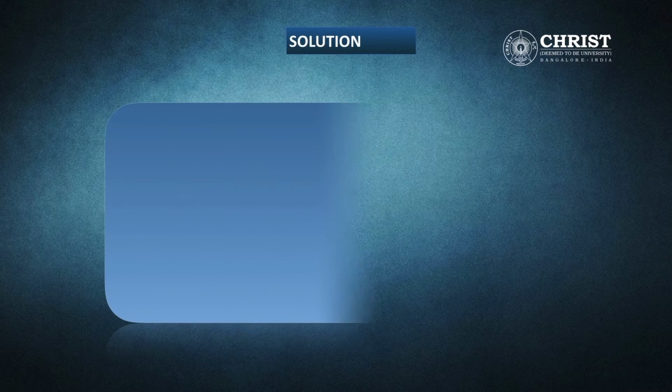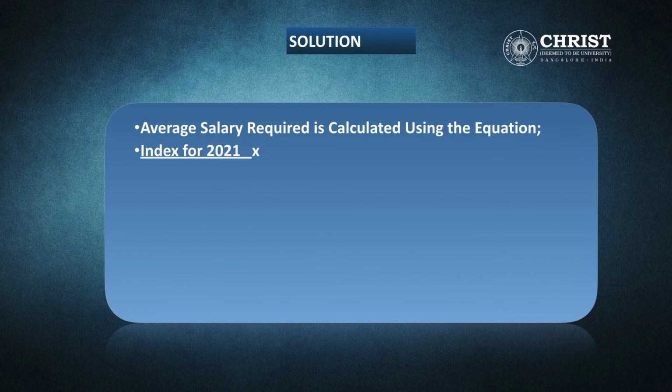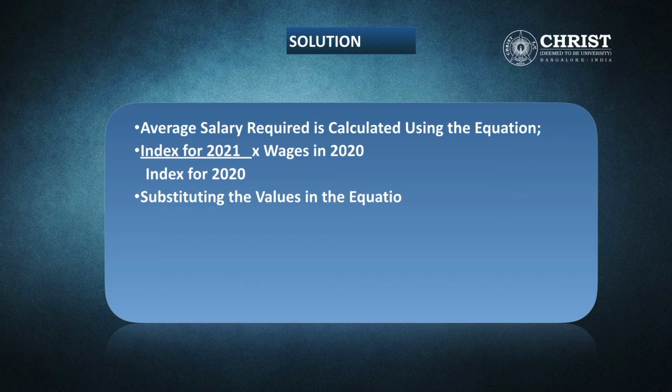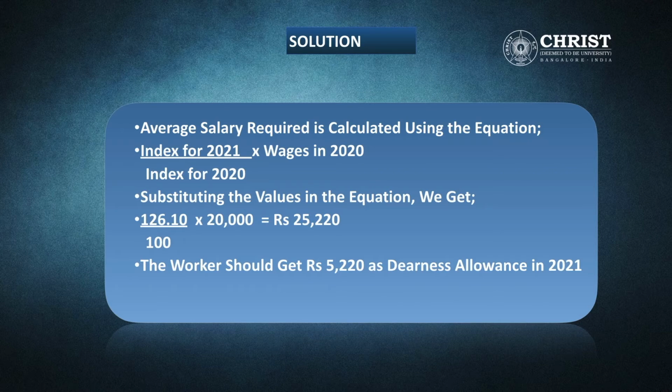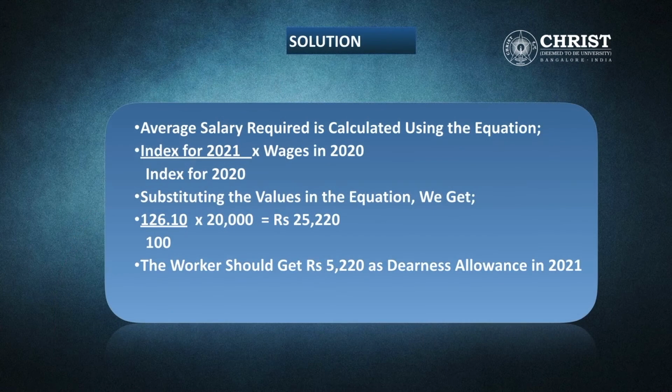The average salary required is calculated using the equation: index for 2021 divided by index for 2020 into wages in 2020. Substituting the values, we get 126.10 divided by 100 into 20,000, which gives rupees 25,220. Here the question is how much should be the dearness allowance, so you have to take the difference. If the question were what should be the salary, the answer would be rupees 25,220.